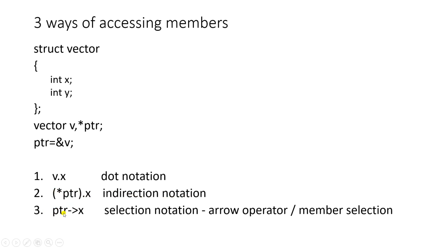Directly you can write the pointer variable name, the arrow operator and the element name. So three methods are there to access members. First is called dot notation, second is indirection notation, and the third is selection notation. You will be learning more about pointers in the classes that follow.